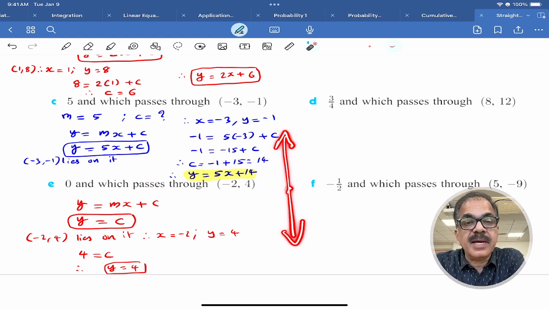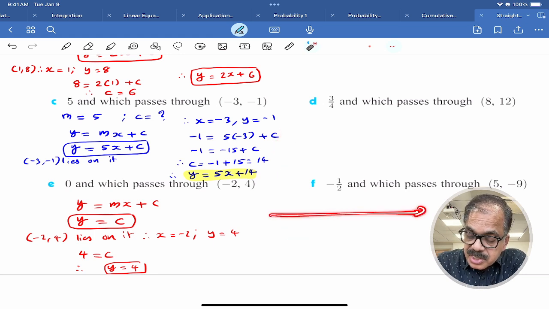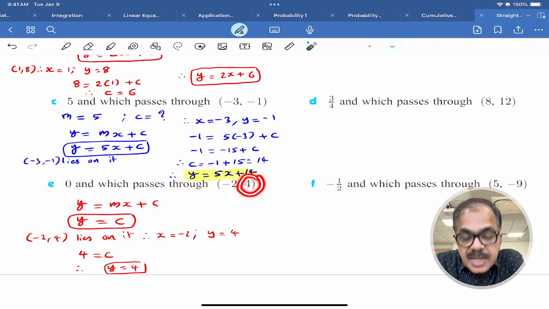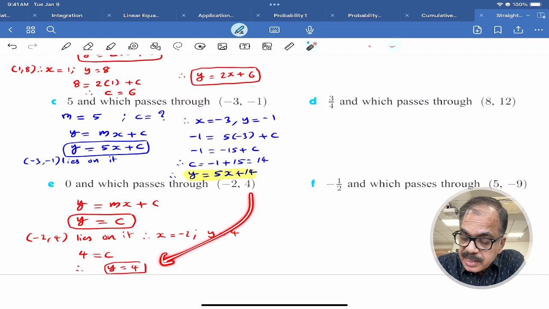And for every vertical line, its gradient is undefined. You know the reason, because it's rise over run, and for a vertical line, the run is actually 0. So it's going to be undefined. And for a horizontal line, this is a line which is parallel to the x-axis. The gradient is 0, and its equation is always going to be y is equal to c. y is equal to the y-intercept, which is just the y coordinate here, 4. So y is equal to 4. You could directly write that answer.